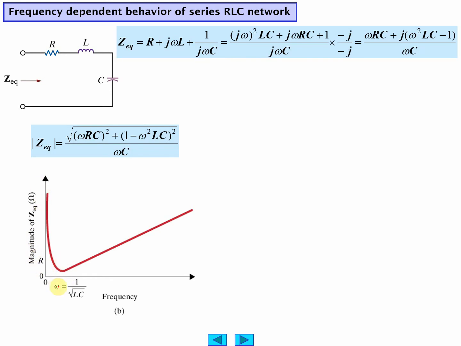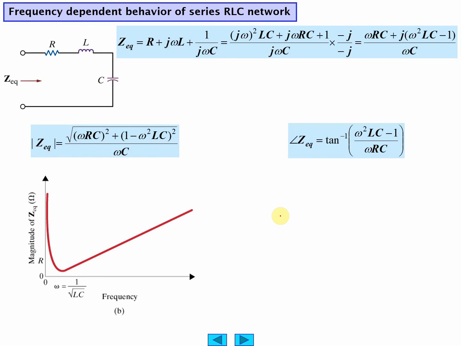This lowest point is where omega c equals 1 over root LC. And you can see when that happens, this term goes to 0. It minimizes ZEQ. It's when ZEQ is the minimum.